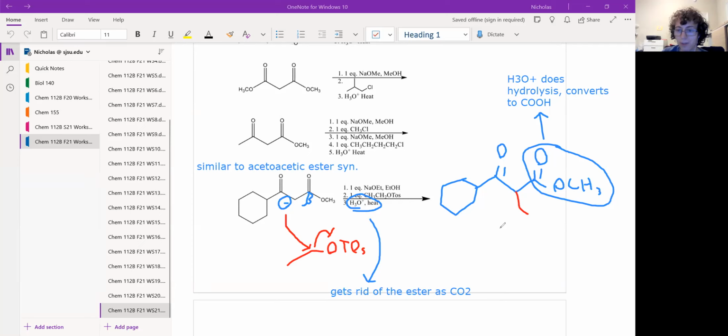So that part in the structure that I circled is just going to be gone in the final product. And we still have the ketone. And then we also, remember, put this ethyl group here on the alpha position. So that would be the product.